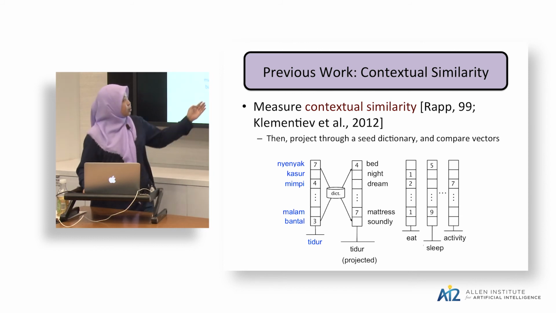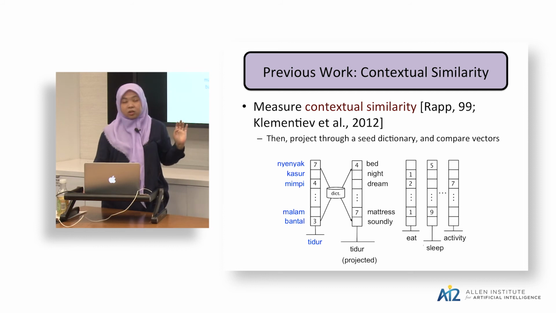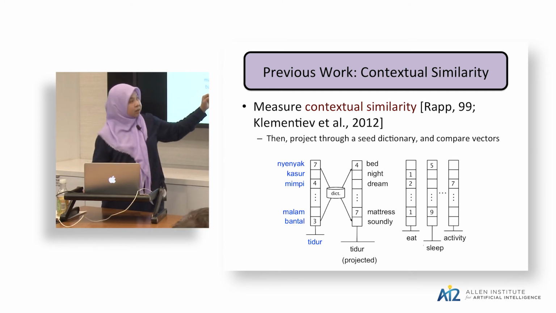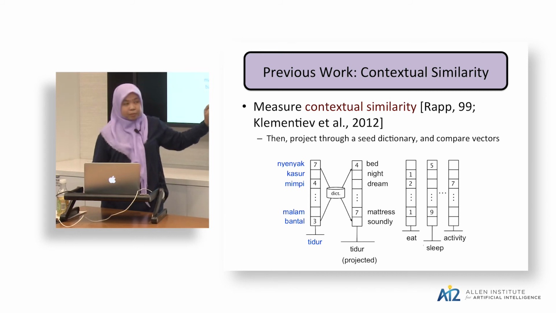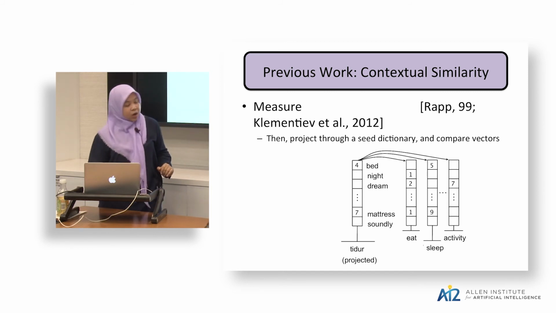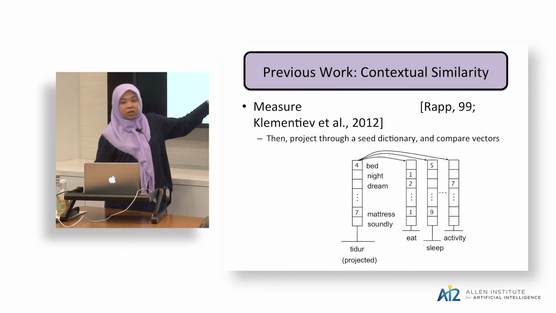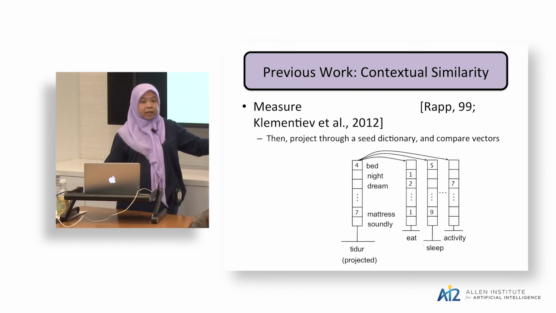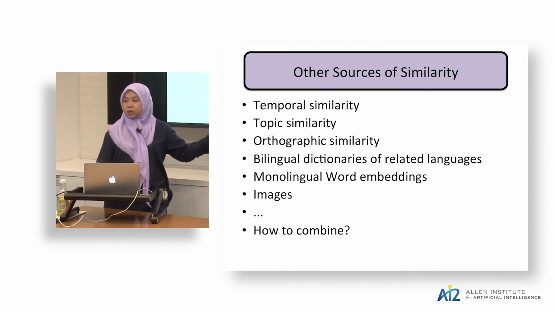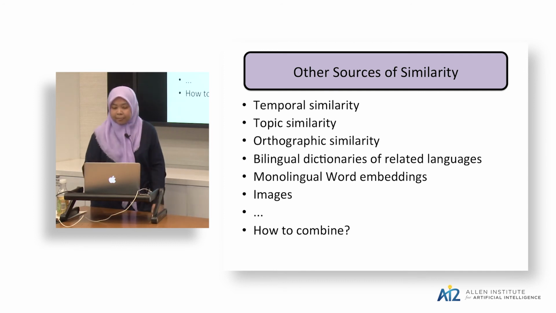And then using some seed bilingual dictionary, we project this context to the English space. And then once we get the projected vector using the bilingual seed dictionary, we can measure the similarities to other words in English. And with this, we can find the similarity between a foreign word and an English word.